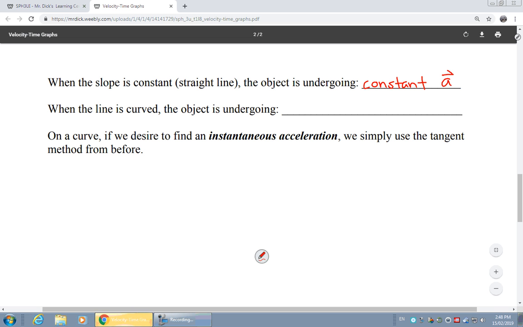When the line is curved, though, that means the velocity is increasing in a nonlinear way. In other words, in a non-steady pattern. And that's because it's a non-uniform acceleration. And non-uniform is just a fancy way of saying not constant.